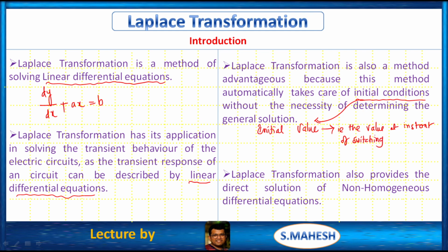Initial condition gives the information regarding the initial value, that is the value at the instant of switching, that is at t equals 0, right? Then we will discuss in detail what the initial conditions are while discussing the concept of transient analysis. Don't worry, we will discuss each and every point.